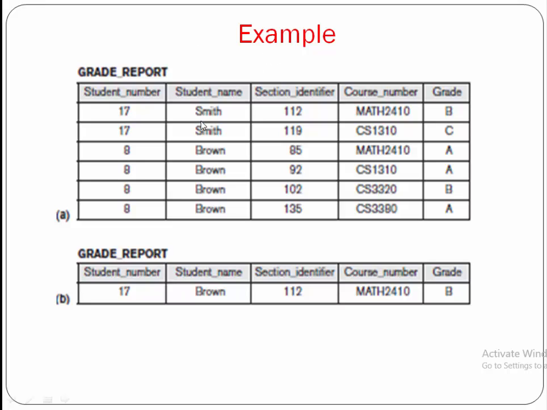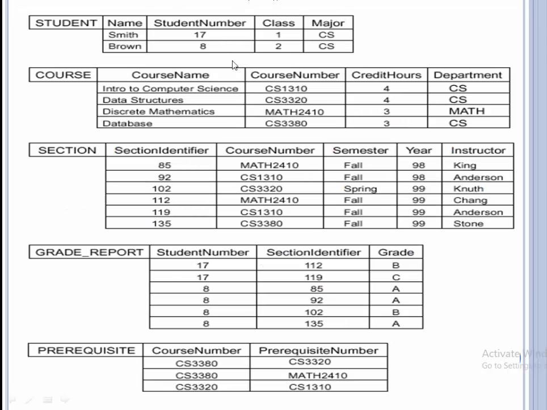So see this table. In this table, we match the name of a student and student number and values in the grade report. These values can be checked against the section records which are present in the database. Okay, see here, this is a section.